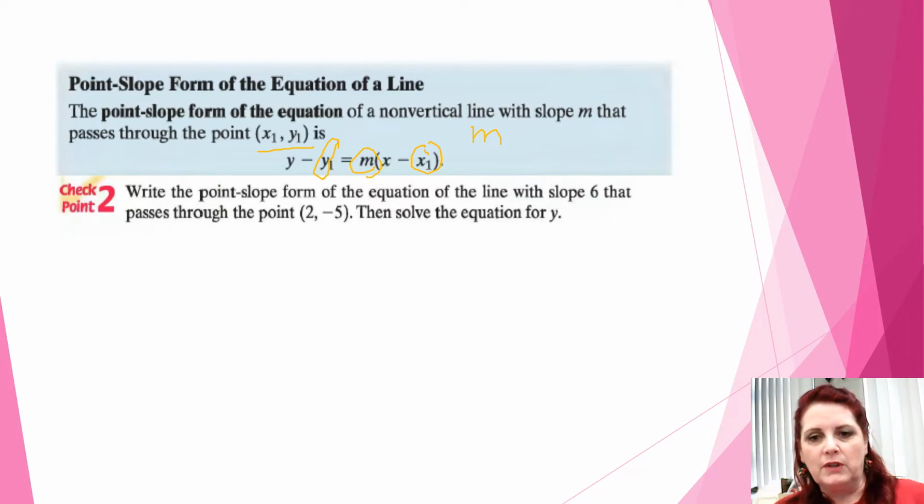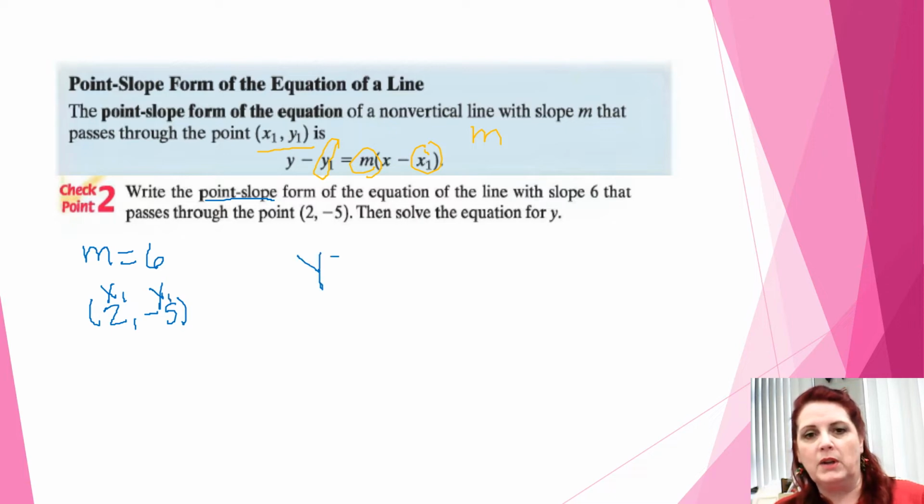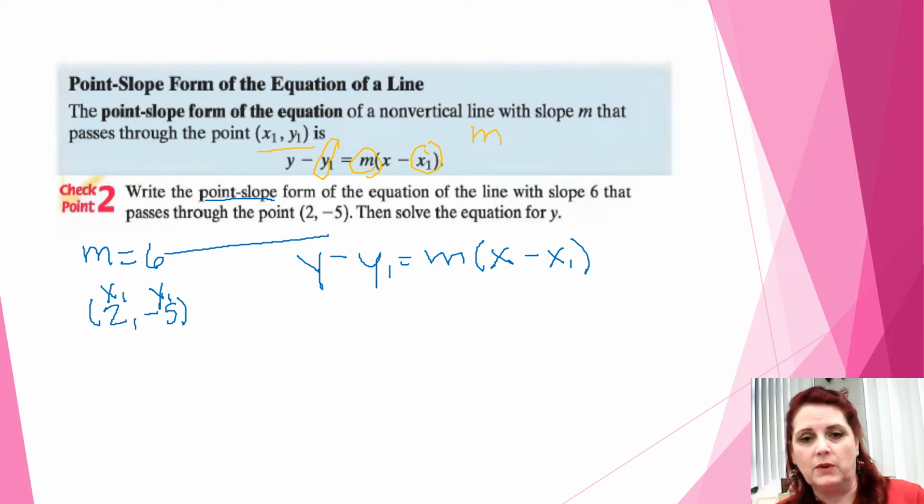Down here in the directions for our example, it says write the point slope form of the equation of the line with a slope of 6. So they tell us that slope is 6, and it passes through the point 2, -5. So that's my x1, y1. I'm going to use y minus y1 equals m times x minus x1, and just substitute these in.